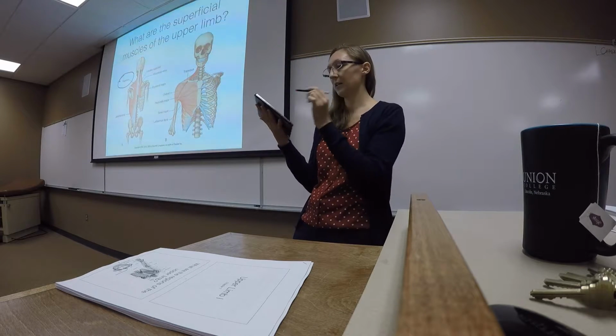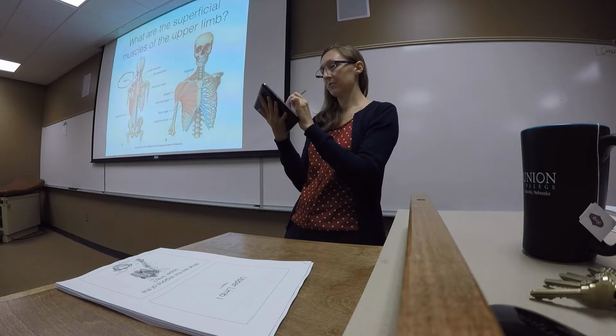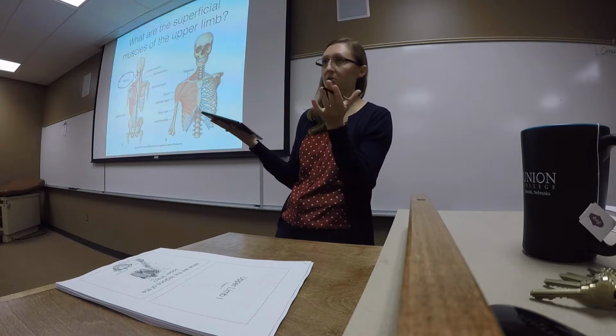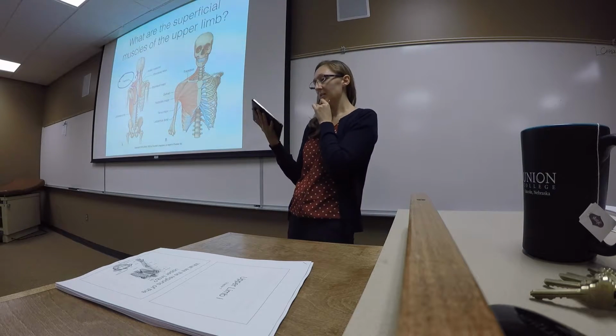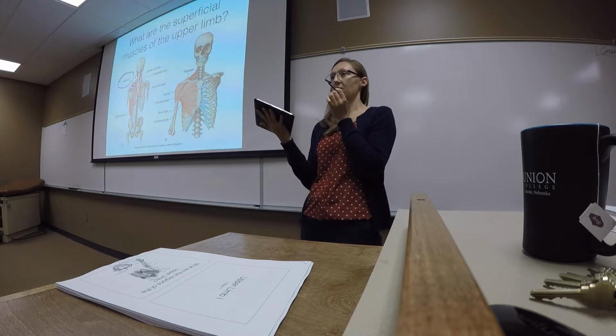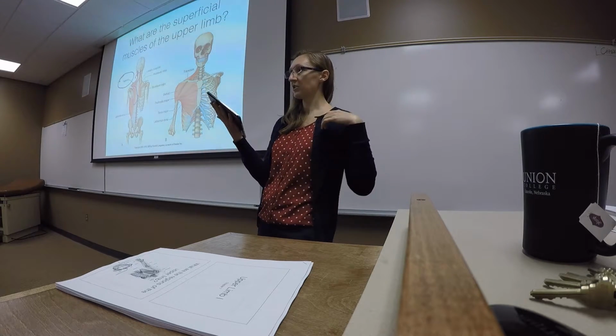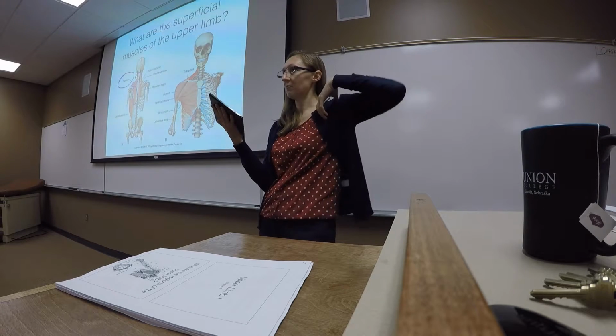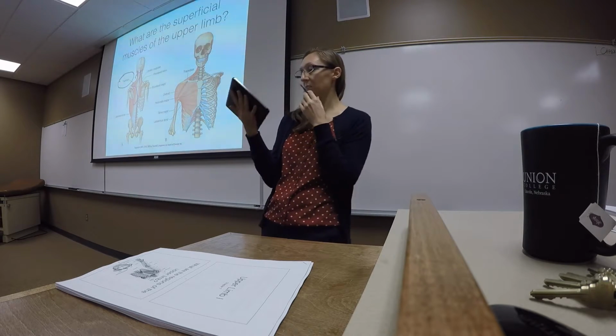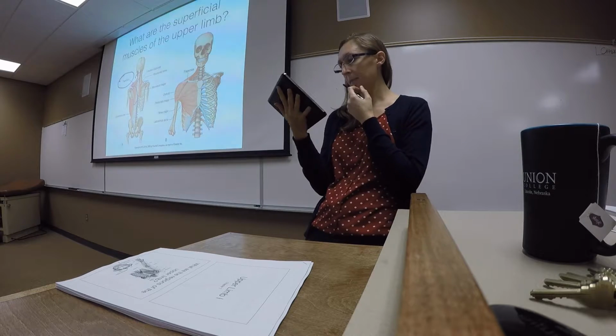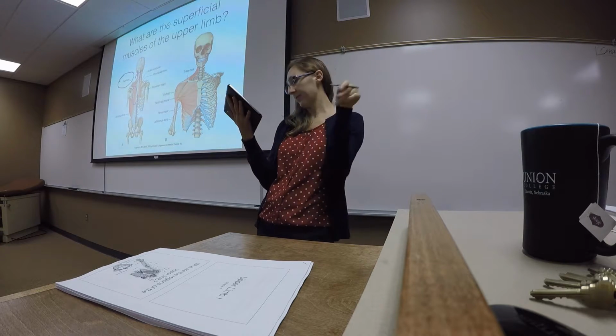It can contract just these upper fibers or just these lower fibers or combinations of them. This can cause scapular depression, elevation, and rotation, so it's involved in all of those movements of the scapula. We'll get into that in more detail.